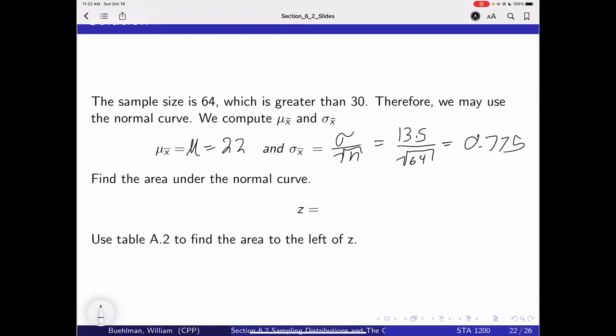So now we want to find the area under the normal curve, where z equals x, the thing we're interested in, minus mu, over sigma sub x bar, which equals 1.29.